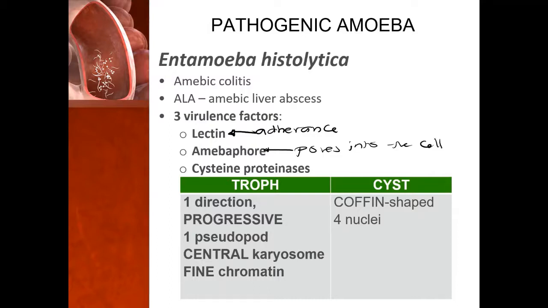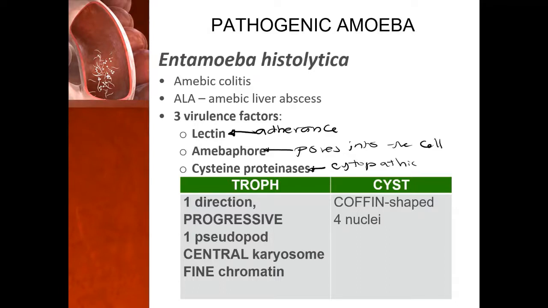Why does this parasite want to produce such pores? Because it will introduce the cysteine proteinases. It is an enzyme that wants to destroy the cell itself, the tissues. So it is a cytopathic enzyme.